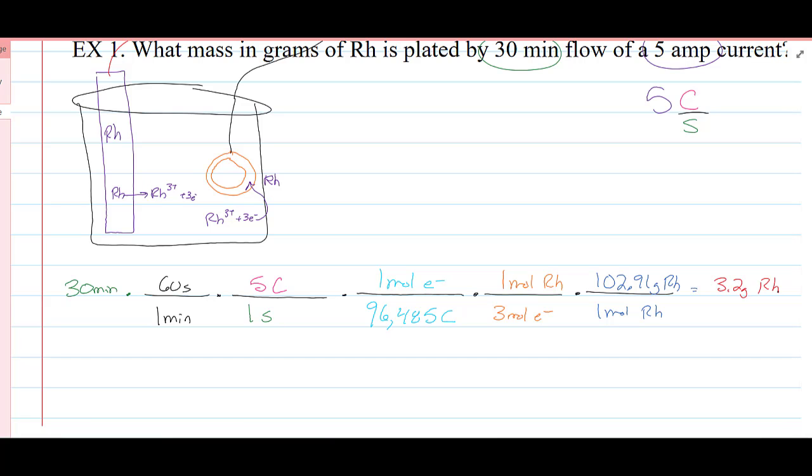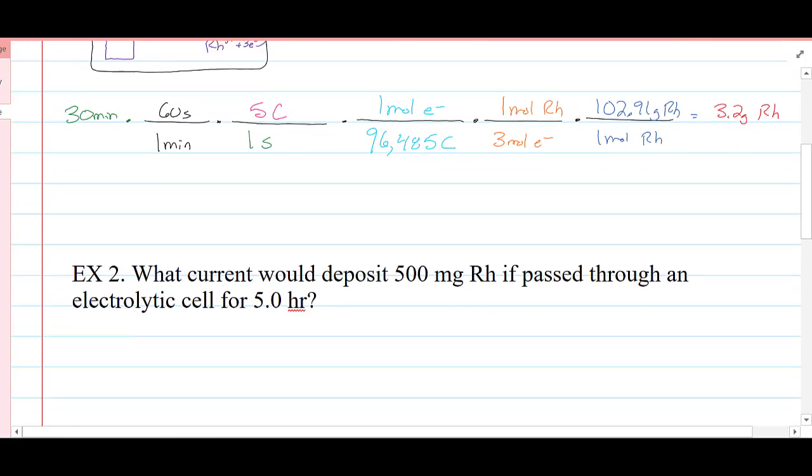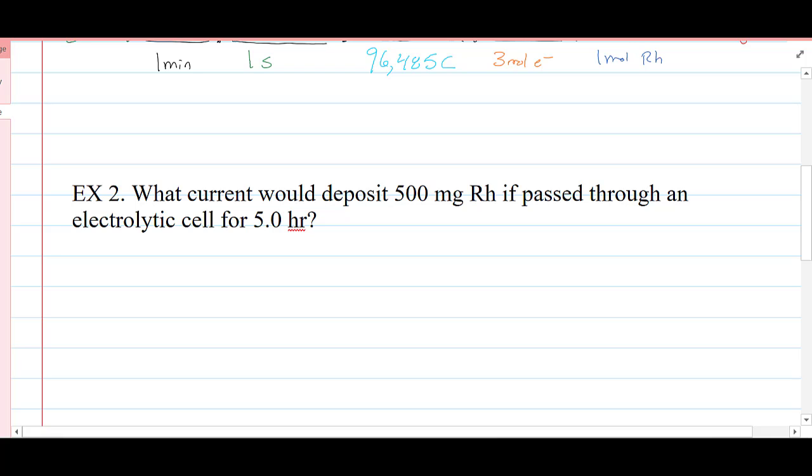That's fun. Another way: what current would deposit 500 milligrams of rhodium passed through an electrolytic cell for 5 hours? Again, rhodium 3+ going to rhodium. We've got the time, and we're looking for the current. I need to know how many coulombs per 1 second.